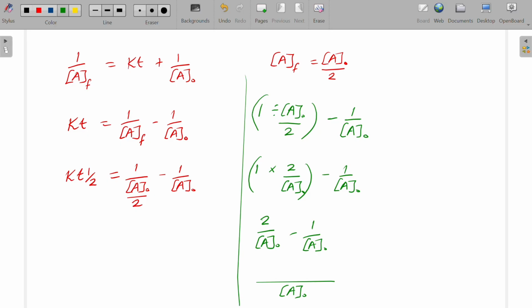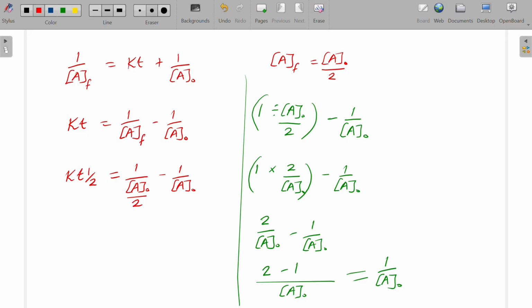Now, A initial will go once there, multiplied by 2, it will give us a 2. A initial will go once here, 1 multiplied by 1 will just be a 1, like that. So this whole thing here is giving us a 1 over A initial. So this is what we have on the right-hand side.